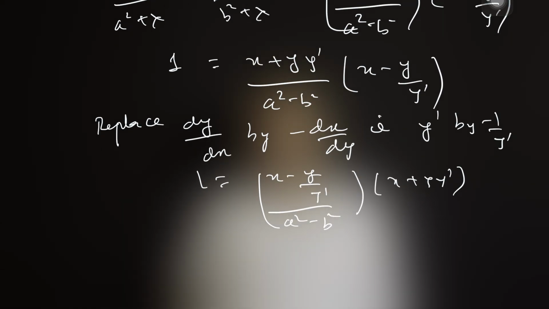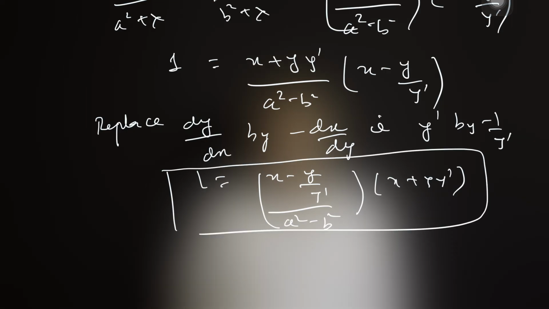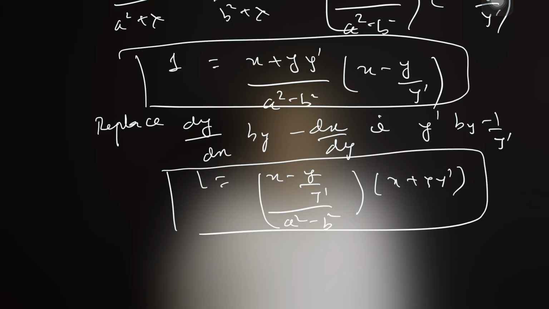So what we see is that the differential equations for this orthogonal trajectory are the same, hence they are self-orthogonal. So one need not necessarily solve the differential equation and reach out to the confocal ellipse.